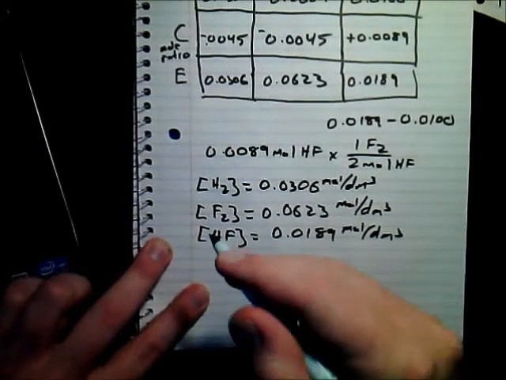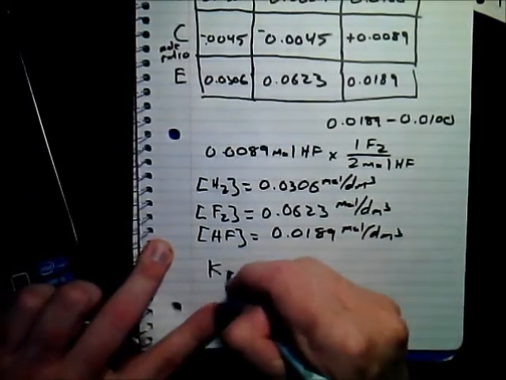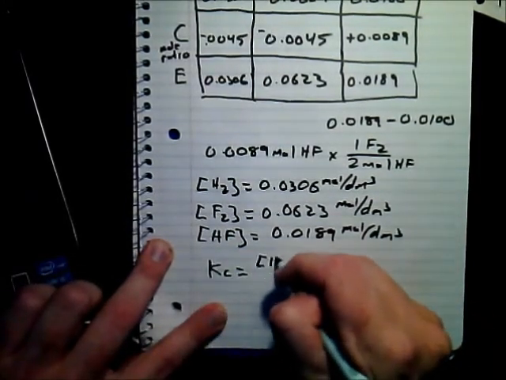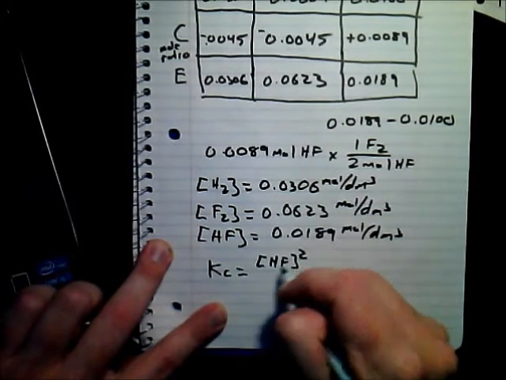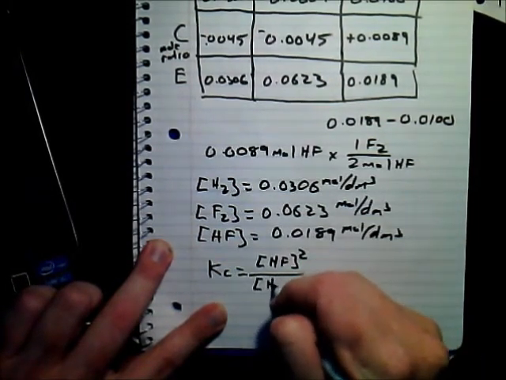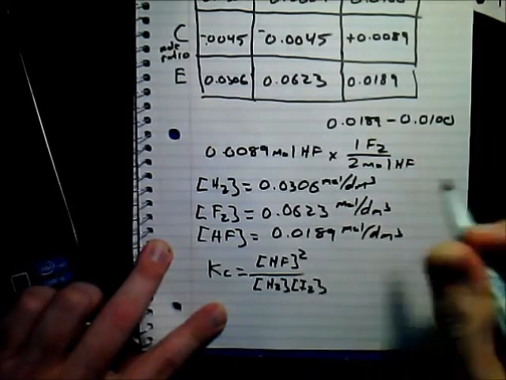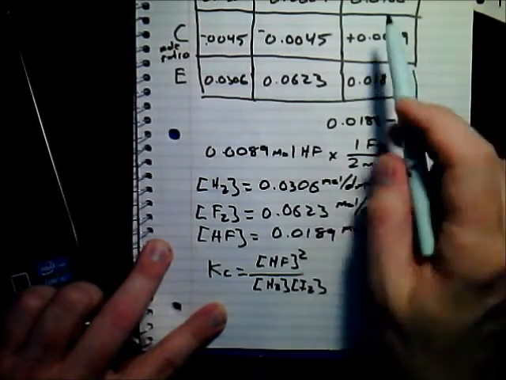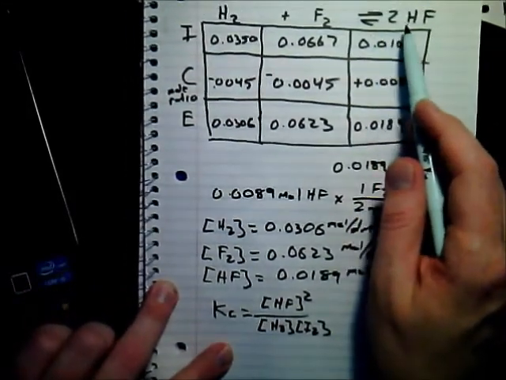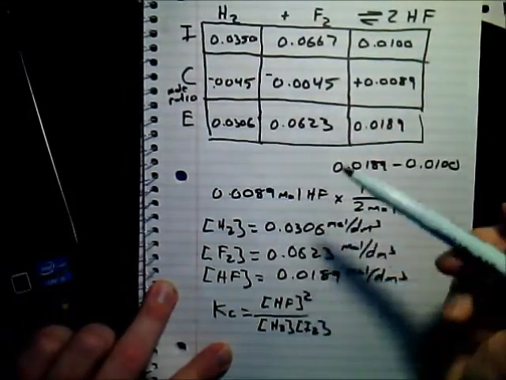And so then, to find the value of Kc, I write the equilibrium expression. Products go on top. Coefficients become an exponent, in this case of a 2.